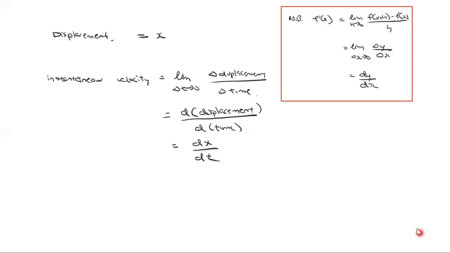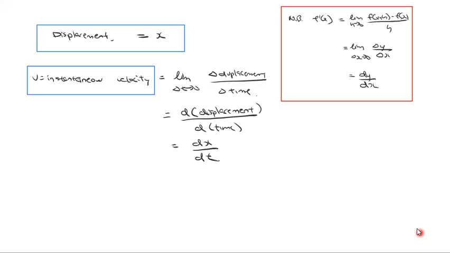Indeed. And so what that means is that if we have v equals instantaneous velocity, then considering the definition of instantaneous velocity, all that is really required is for you to derive displacement with respect to time.